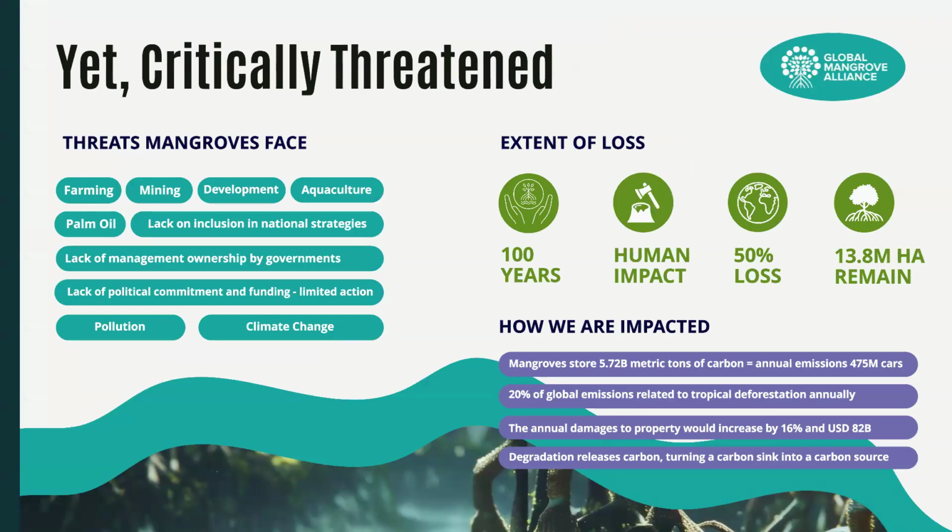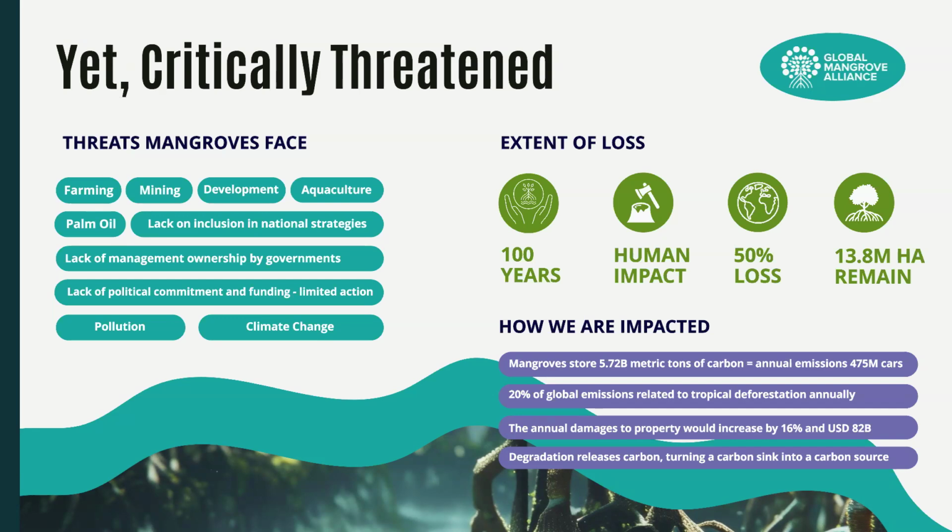Despite knowing all of these benefits, mangroves are critically threatened due to various impacts through time. So far, we've lost approximately 50% of mangroves at the global scale, and that's led to really devastating impacts for many communities that depend on them for livelihoods and protection.